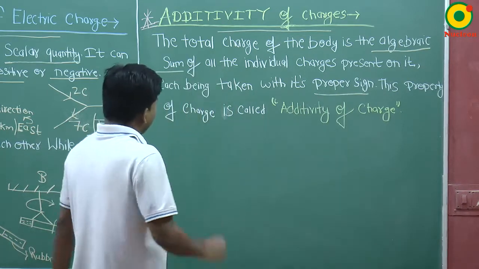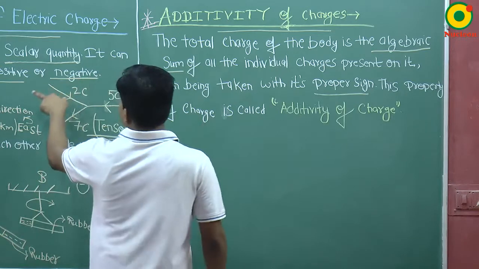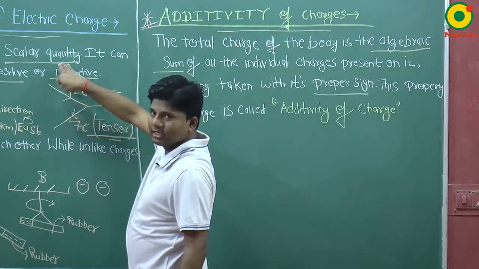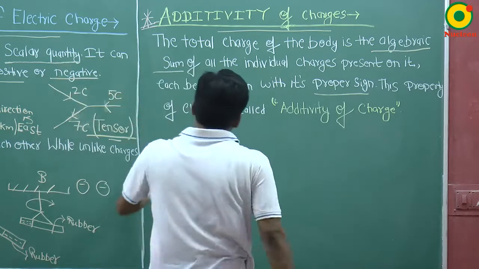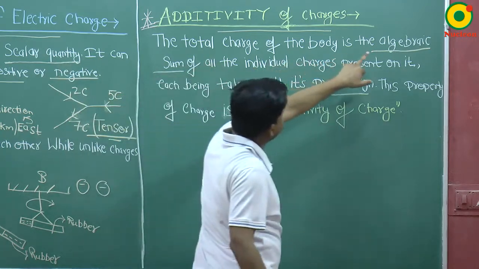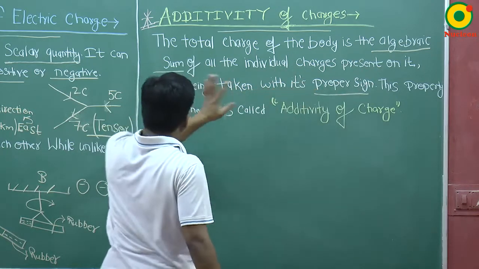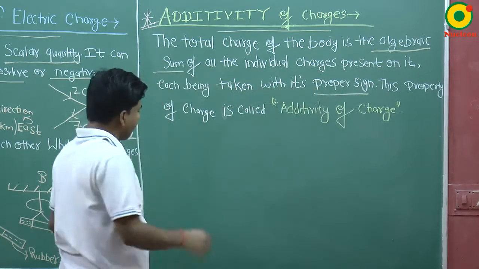So by the very first property we came to know over here that electric charge is a scalar quantity. So it's talking about the algebraic sum of all the individual charges present on one body, okay?